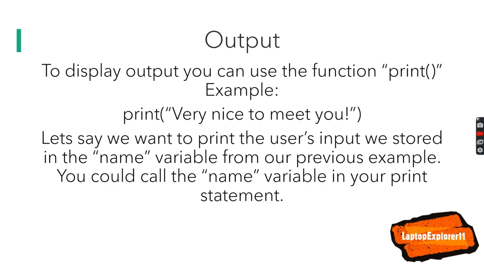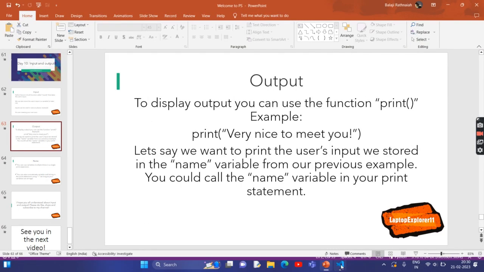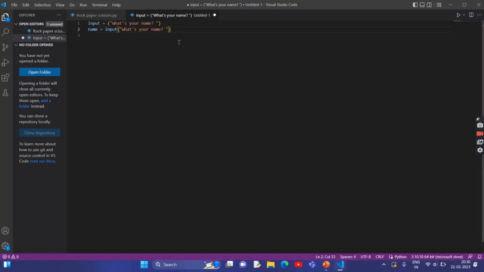Now let's say that we want to print the user's input we stored in the name variable from our previous example. You could call the name variable in your print statement, just like this.